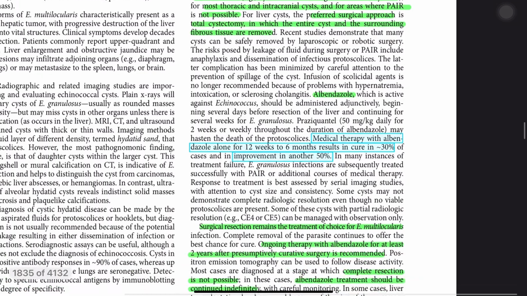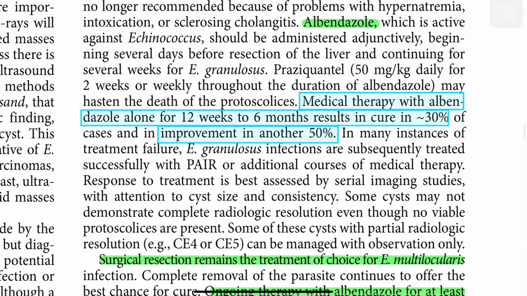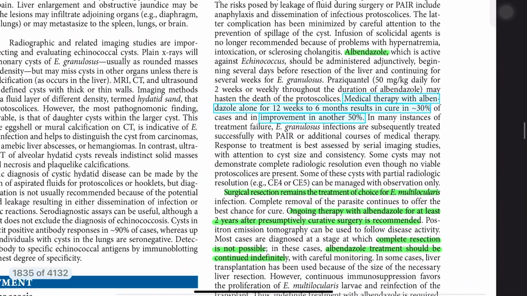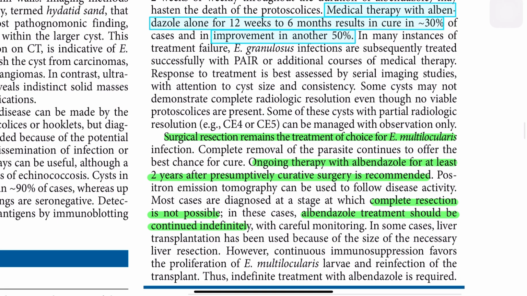Medical therapy with albendazole alone for 12 weeks to 6 months results in cure in 30% or improvement in 50%. So medical therapy should be given from 3 months to 6 months. And surgical resection remains the treatment of choice for Echinococcus multilocularis.